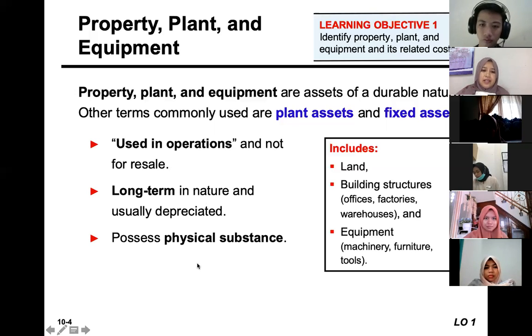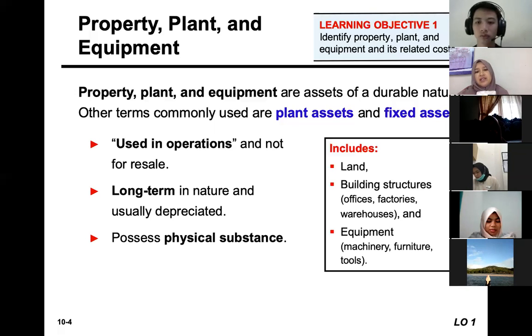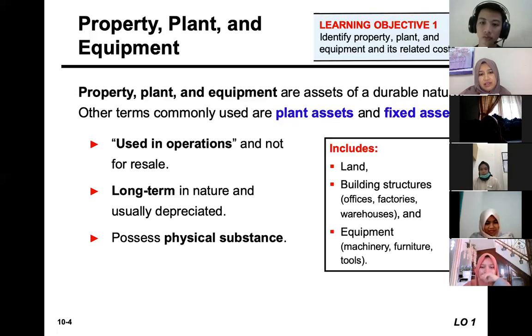And then the company must possess the physical substance. What does it mean? It must be obvious. You can see the physical substance of that asset. Only that can be included as property, plant, and equipment. Sometimes the company has the ownership of the asset, but it doesn't have the physical substance.